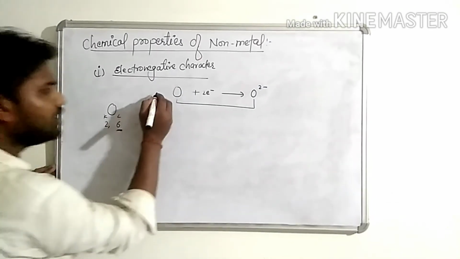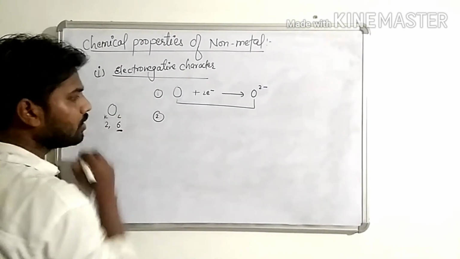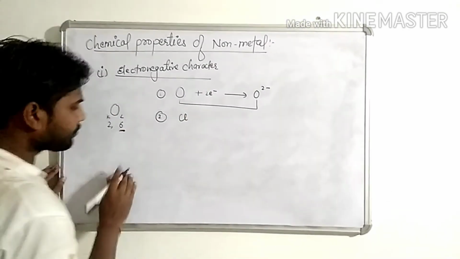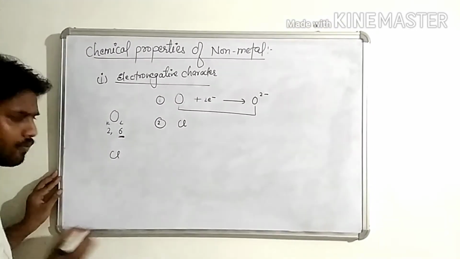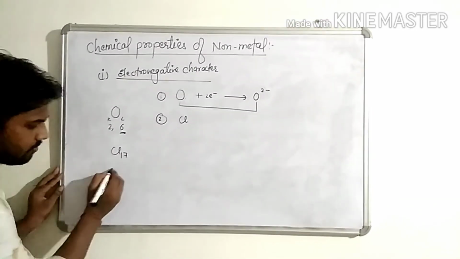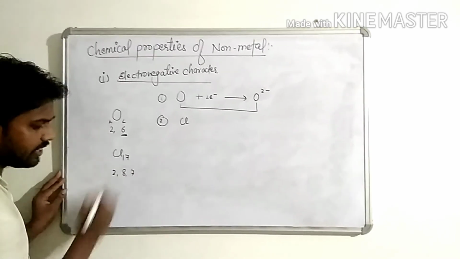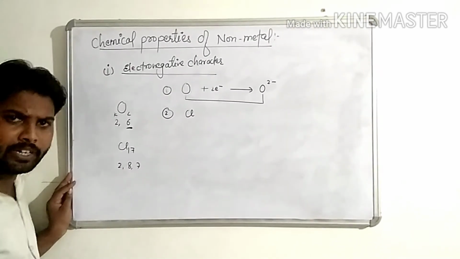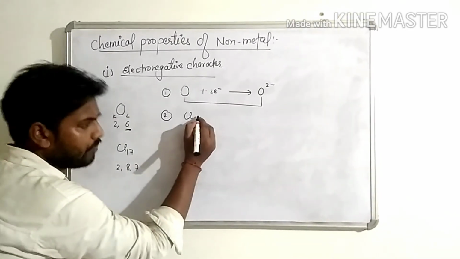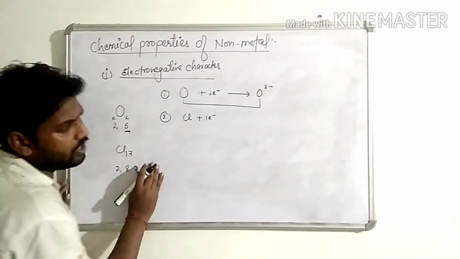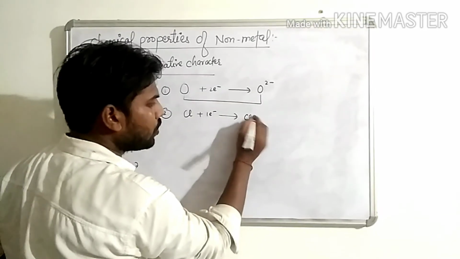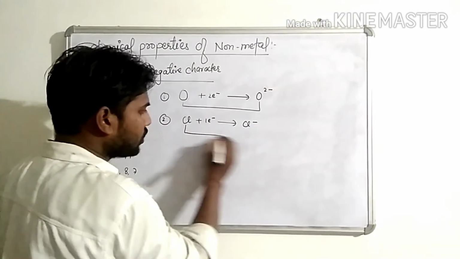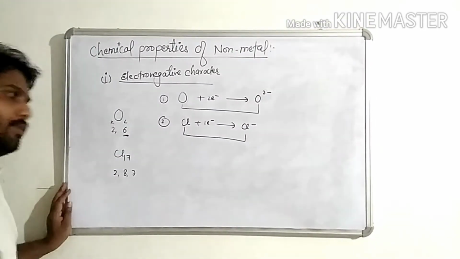Another example you can see, children. Suppose this is chlorine. The atomic number of chlorine is 17, with configuration 2, 8, 7. It needs 1 electron to complete its stability. So when chlorine gains 1 electron, it forms Cl minus. This is also electronegative.